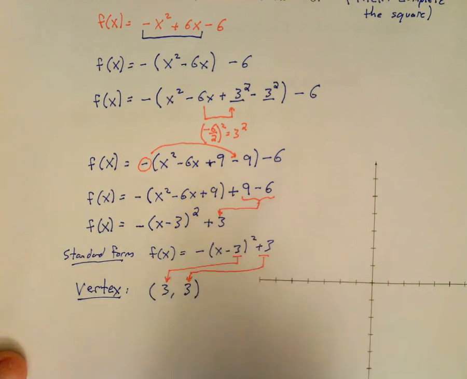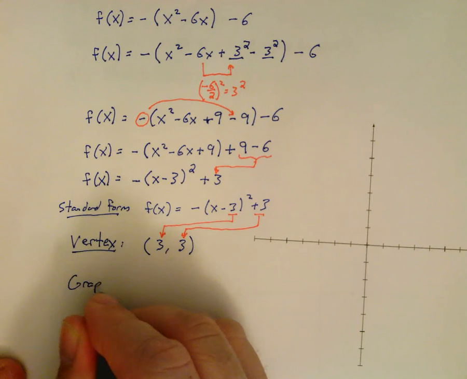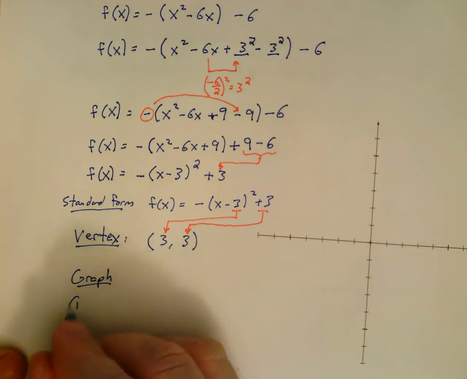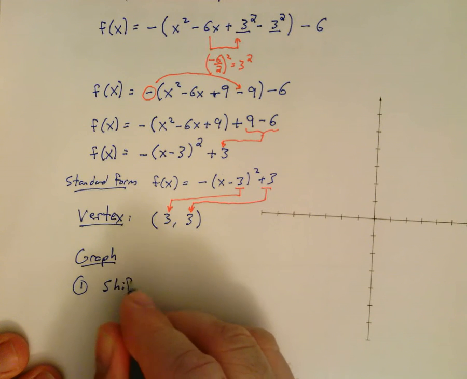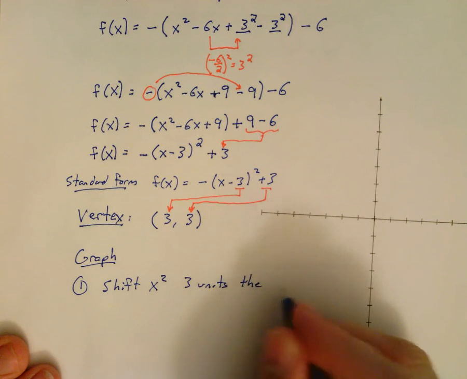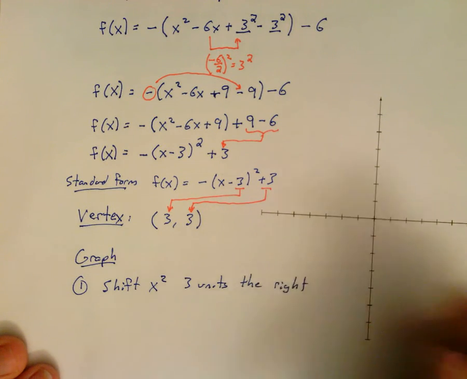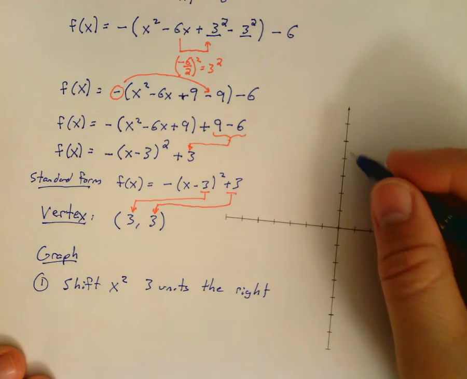Okay. And then to graph, the first thing you do is shift just x squared 3 units to the right. So if I just go over 3 units to the right, 1, 2, 3, I'm going to put it down there.